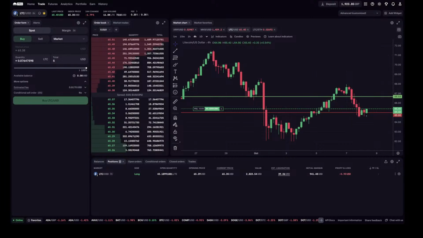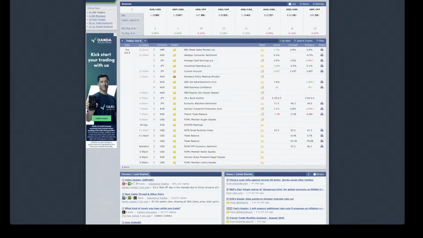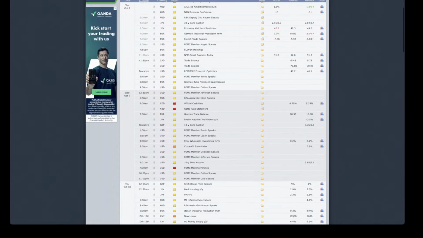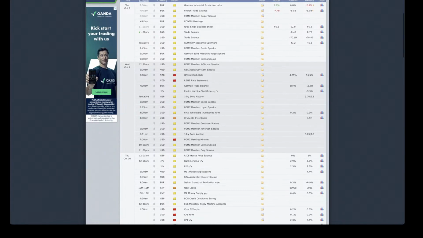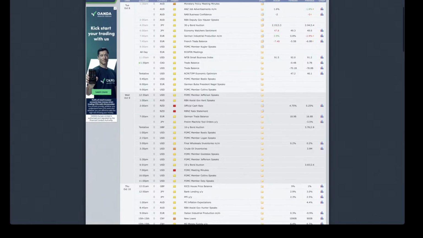So if we go on to Forex Factory, because we're trading against the dollar, the news might not affect the Litecoin Ethereum trade, but that could turn into an investment in Litecoin rather than Ethereum. So it's an adaptable way of trading. The aim of that particular trade for Litecoin Ethereum is to increase the Ethereum holding.